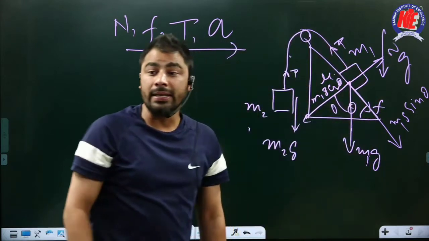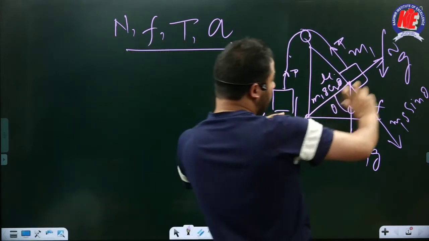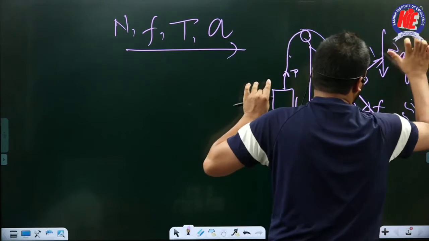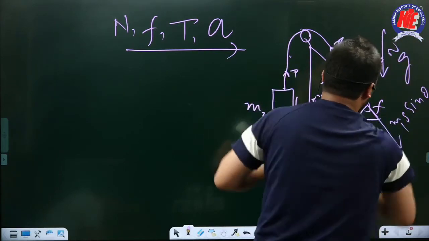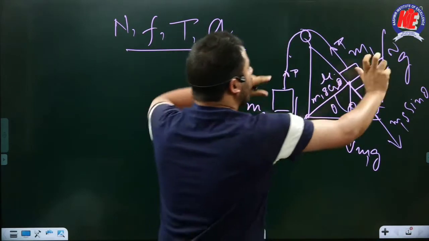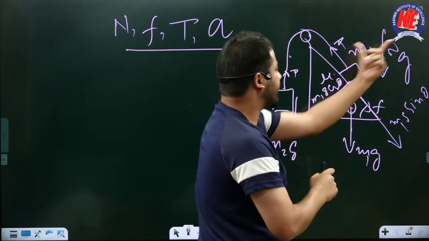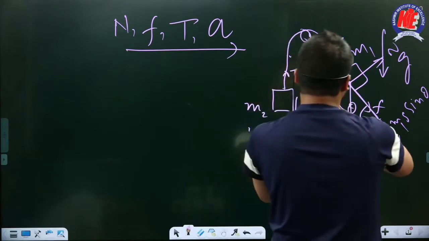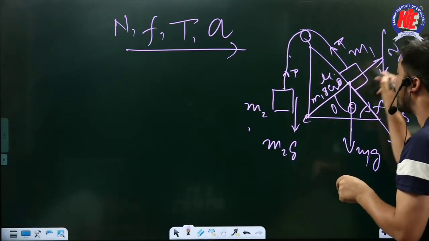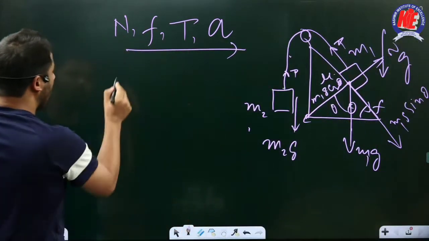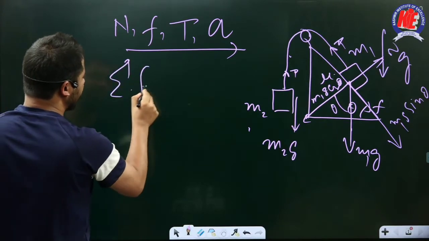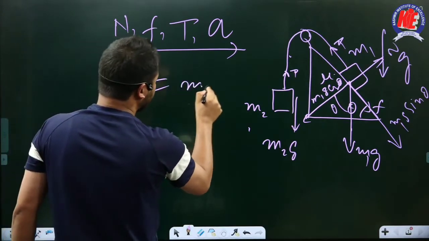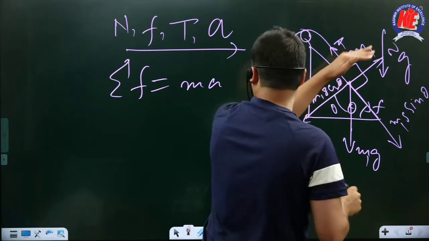And there is no motion along this other direction, right? So there is no motion coming from here. It means that when there is no motion along this direction, the forces should cancel out in pairs. So if I apply the laws of motion in this direction in a more general way, summation F will be MA along this direction.